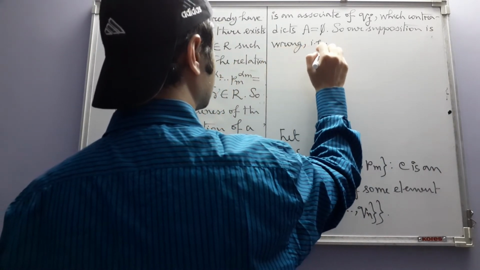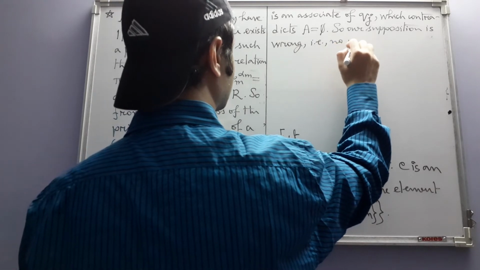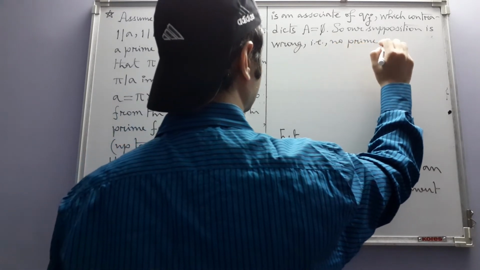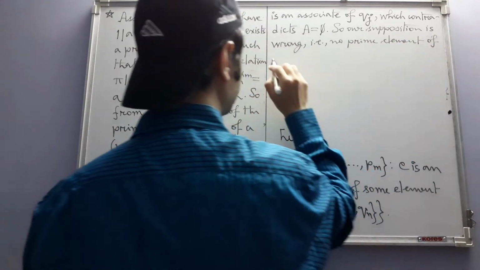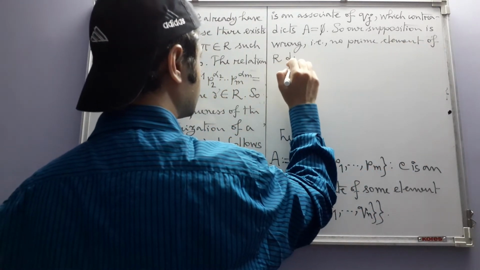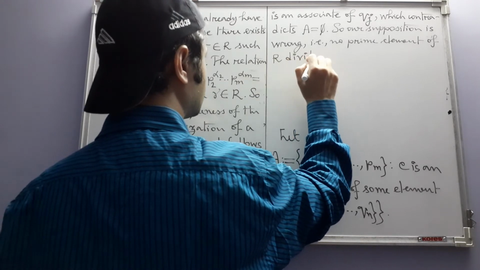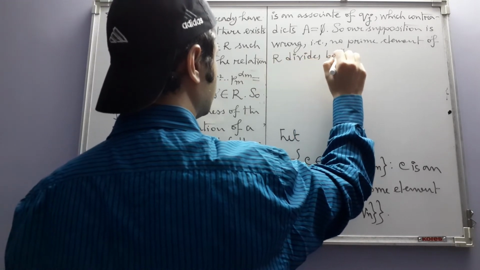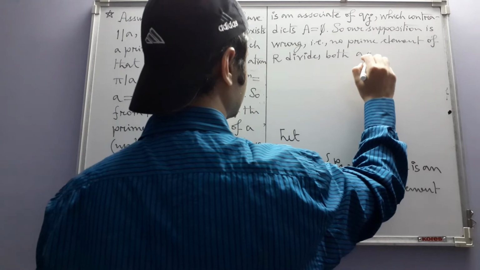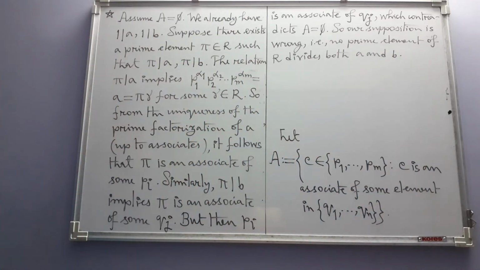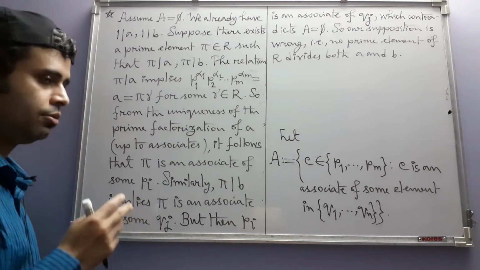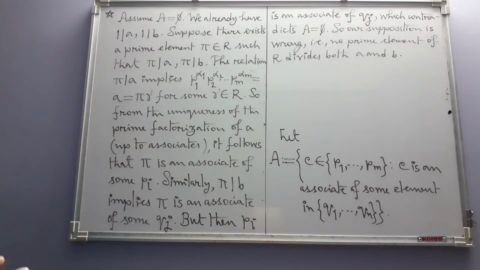That is, no prime element of R divides both A and B, that is, there is no such pi, and consequently no non-unit non-zero element of R divides both A and B.